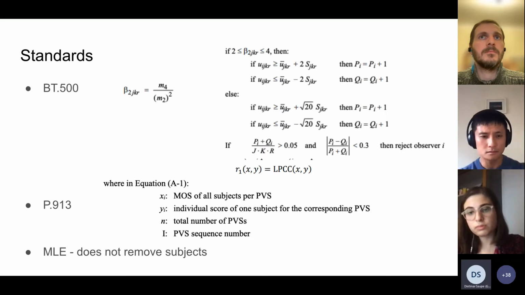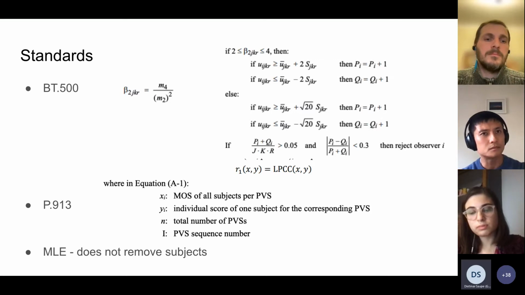It means that the statistics that you use to determine the outliers should not depend on the outliers, for a robust method. But this is intrinsically a difficult problem, because whenever you have these hard thresholds, once you remove those outliers, the MOS will be different, and so the statistics have changed.